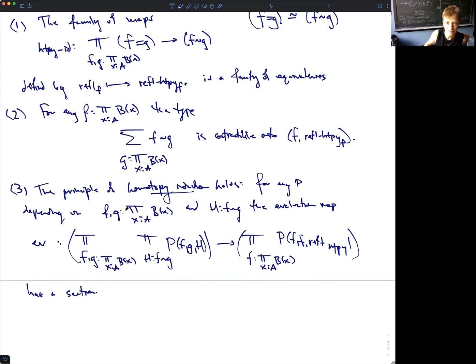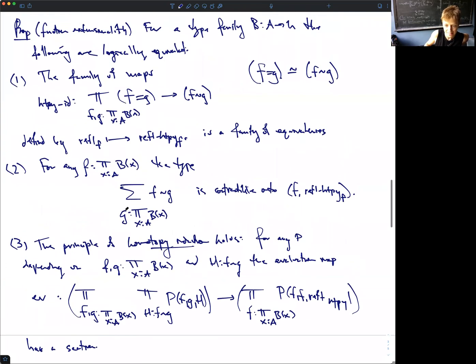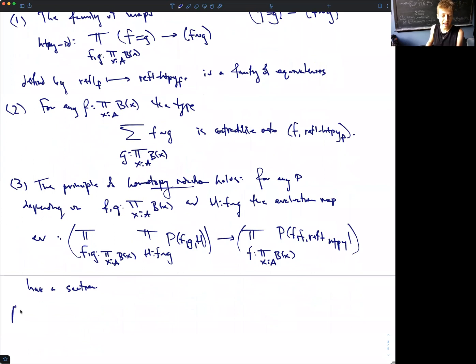Okay, so what this theorem states, there are three different logically equivalent ways to understand the statement that the identity types in dependent function types are equivalent to the type of homotopies between the dependent functions. And this is just a special case of a more general result that we've seen in the past.